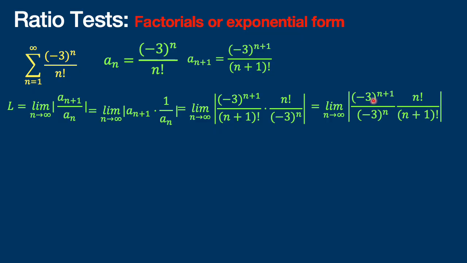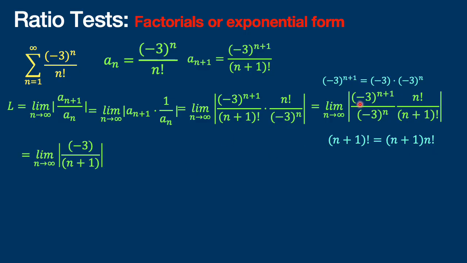(-3)^(n+1) is negative 3 times (-3)^n. And (n+1) factorial means n plus 1 times n factorial. So now, let's simplify here. (-3)^n and (-3)^n cancel out.